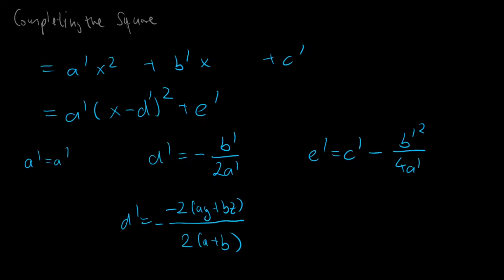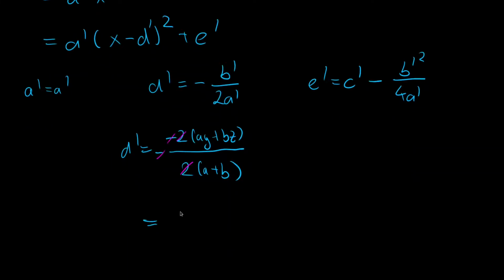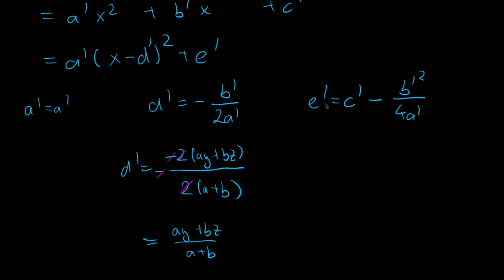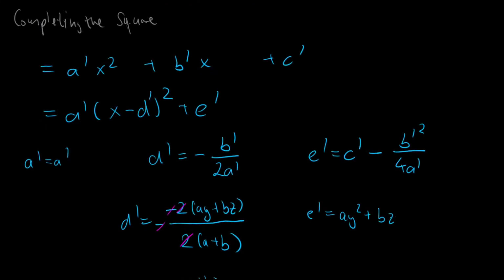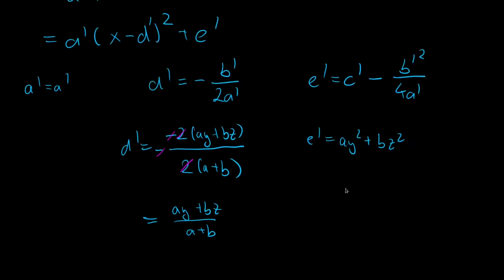The 2 cancels, and the minus also cancels, and then we get the fraction (ay plus bz) over (a plus b). For e prime we are getting c prime, which was ay squared plus bz squared, and then let's add this term: minus b prime squared, which is minus 2 times (ay plus bz) squared, over 4 times (a plus b).